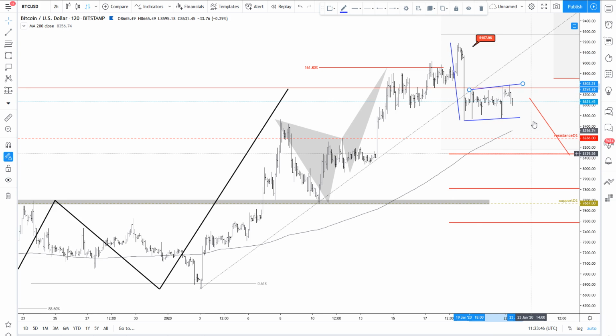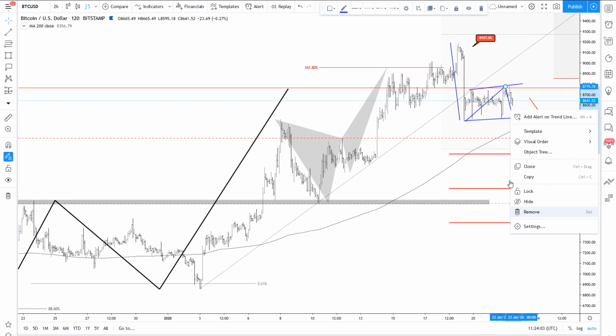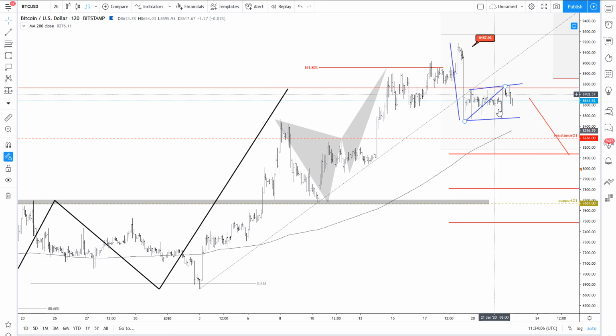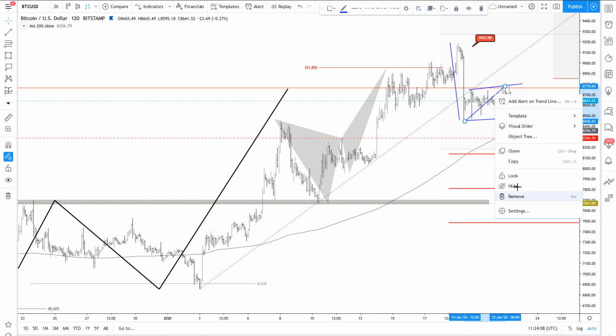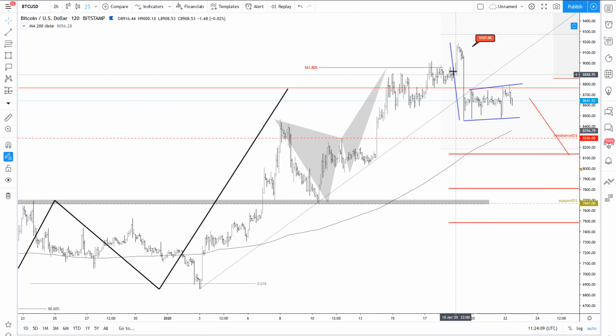I believe there's at least another swing low for a third wave structure. Basically we see this as a first wave, all this structure as a second wave, and eventually we will have another swing low to complete at least a minimum three wave structure, which is the minimum that the market tends to print for us.